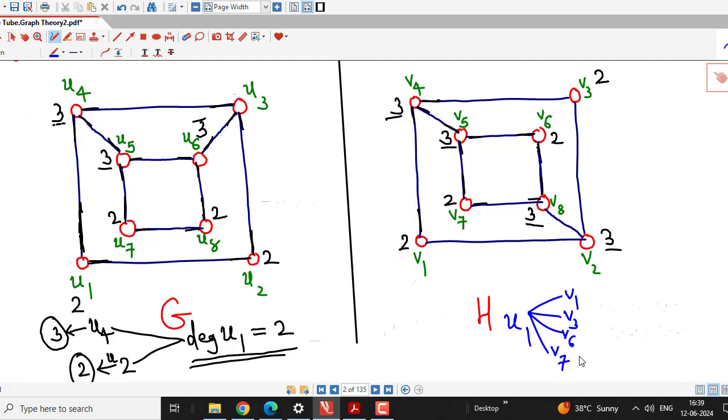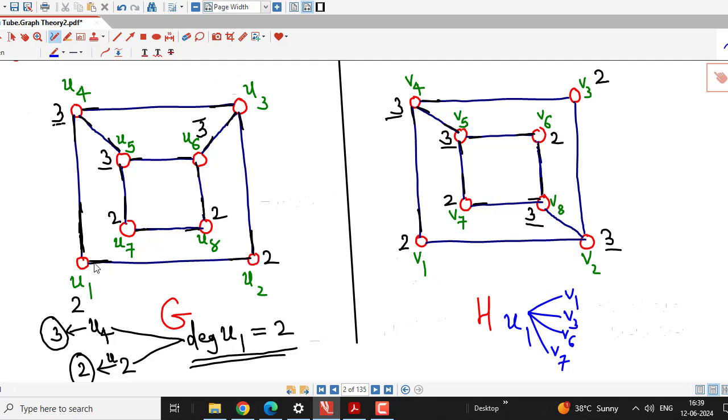So either we can allot V1, V3, V6 or V7 to vertex U1 because all these vertices are of degree 2.